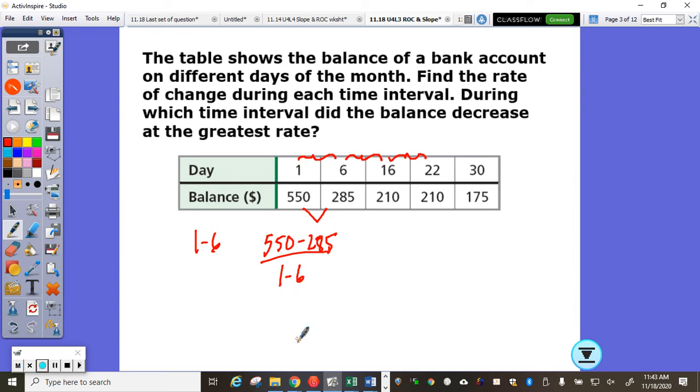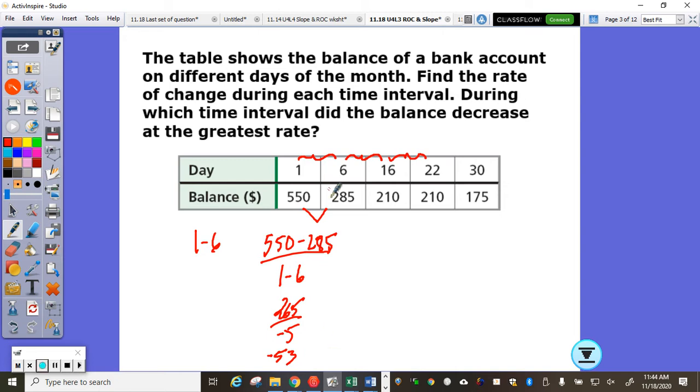So then we have 550 minus 285 is going to give me 265 over negative 5, which is going to give me 265 divided by 5, negative 53. So there was a decrease of $53.